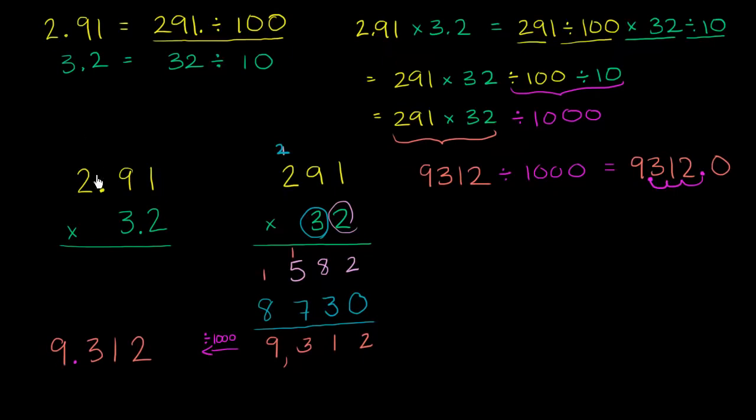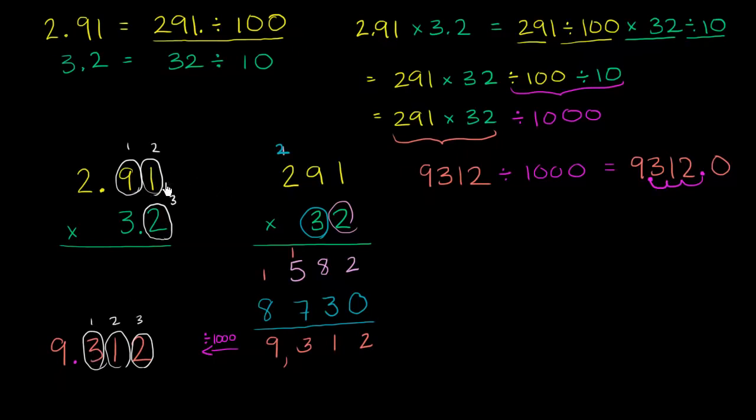Now, there's something very interesting here. In our original expression, we had 1, 2, 3 total numbers behind the decimal, and over here we have 1, 2, 3 total numbers to the right of the decimal. Why is this? Well, let's think about it.